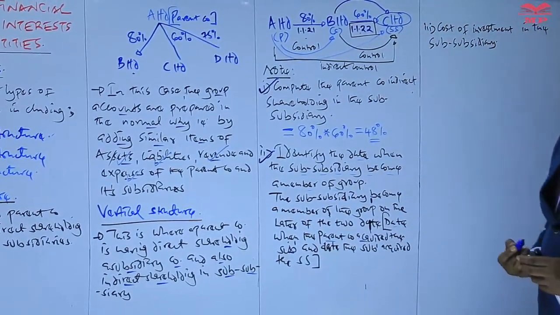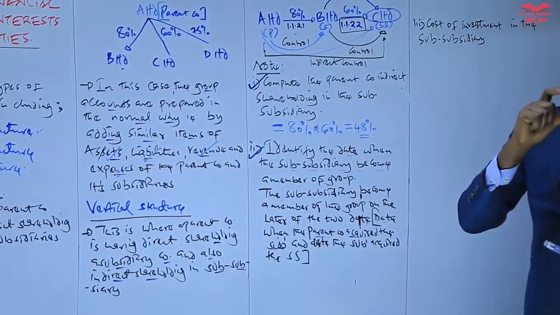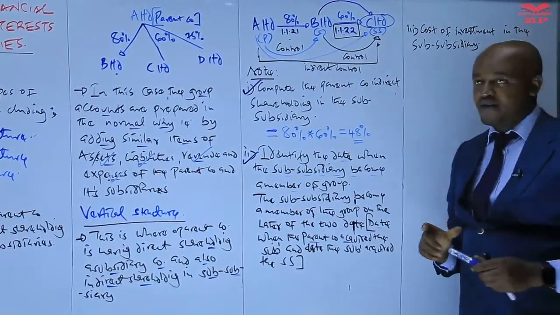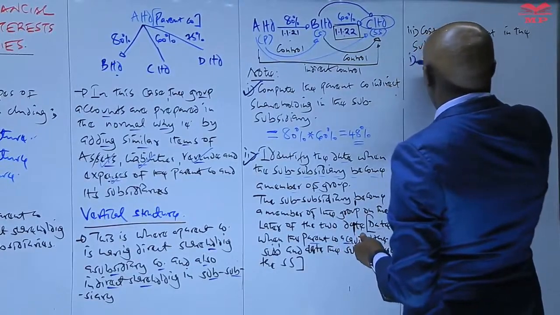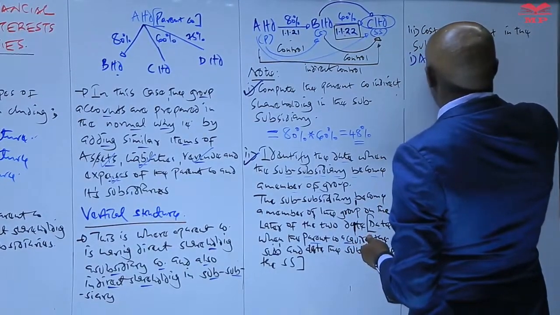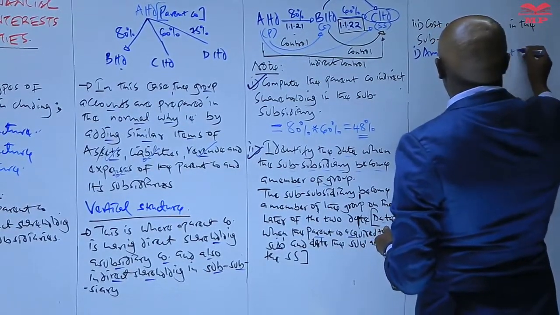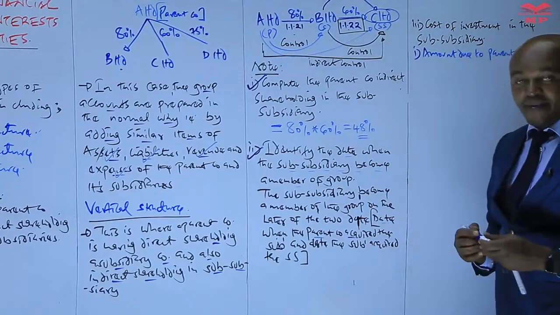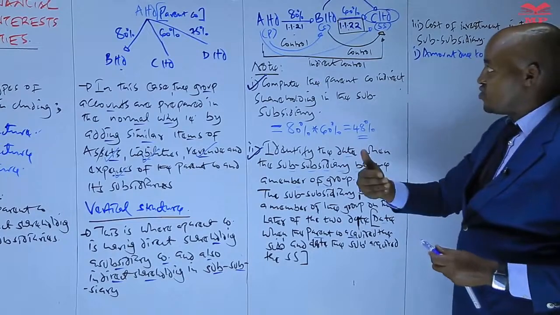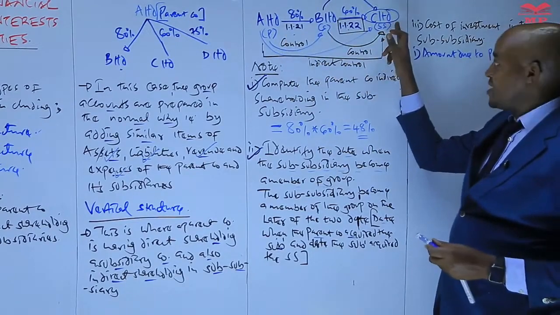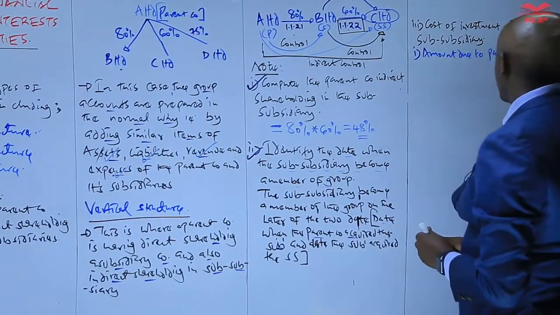Now, this particular cost of investment in the subsidiary usually is split into two parts. First of all, we compute the amount due to the parent company. When we talk about the amount due to the parent company, this is the amount which is assumed to be paid by the parent company in acquiring the shares of the subsidiary.